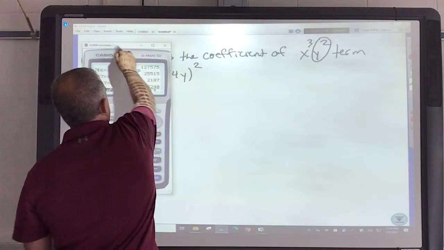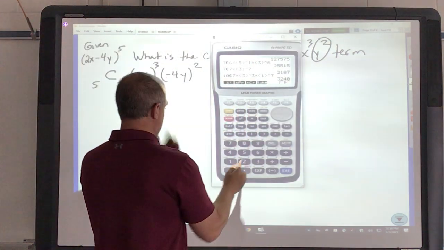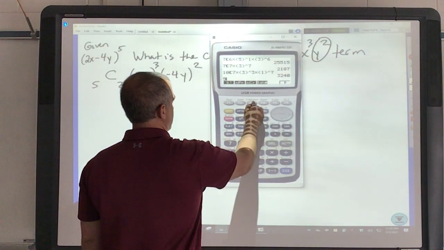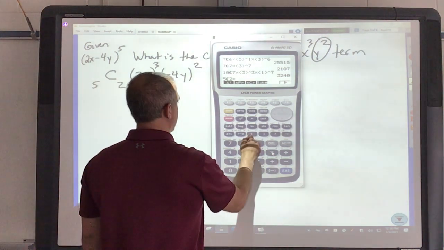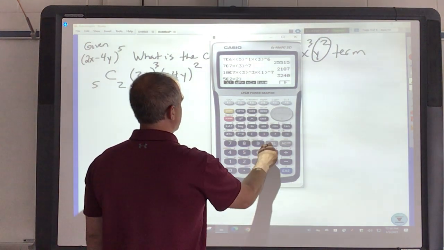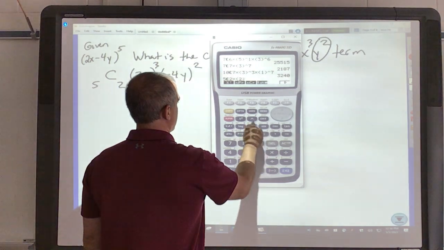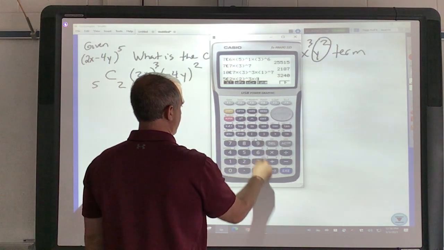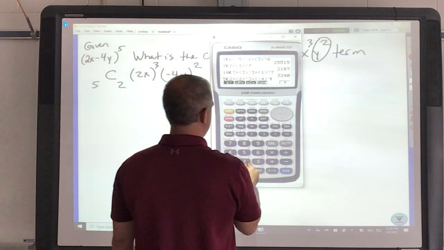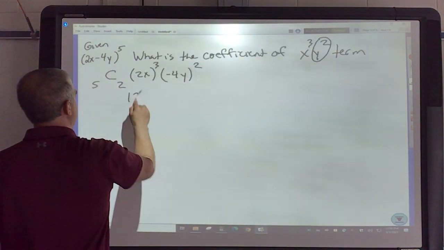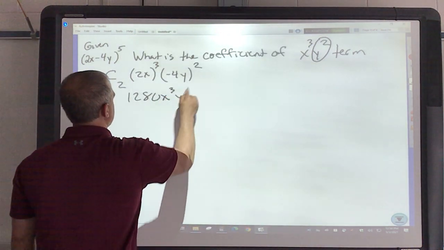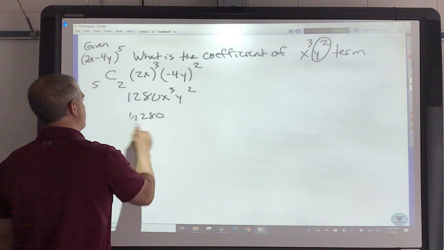Really don't need to do a whole lot there. I'll show you the other way too, just for people that want to see the pattern. All right. 2 to the third times -4 squared. That's 1280 x3y squared. So 1280 is the coefficient.